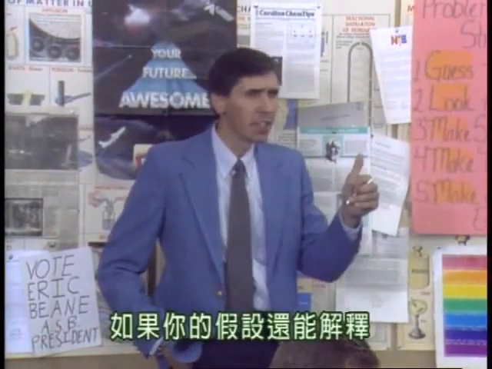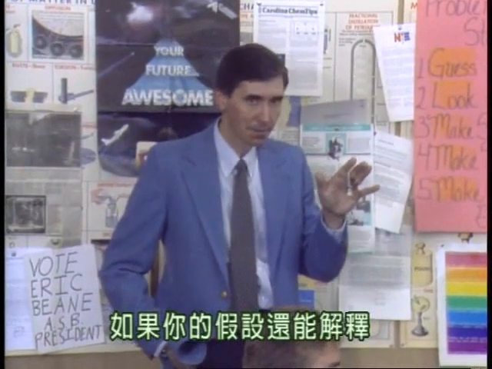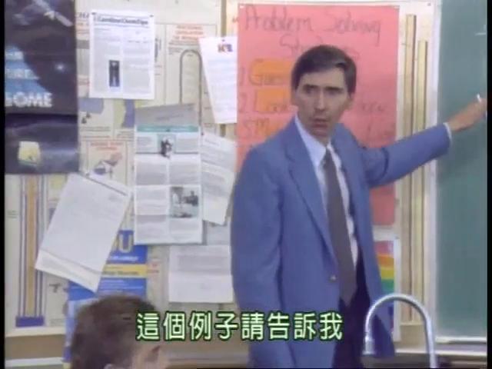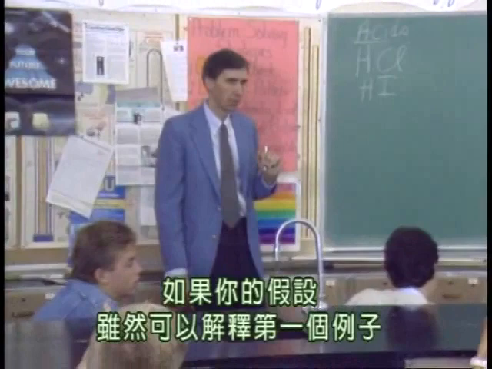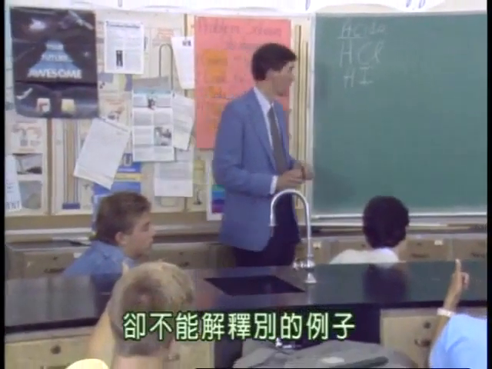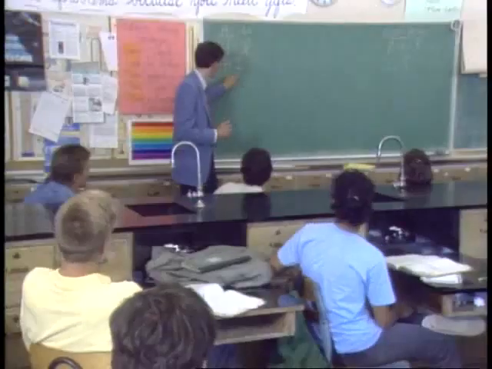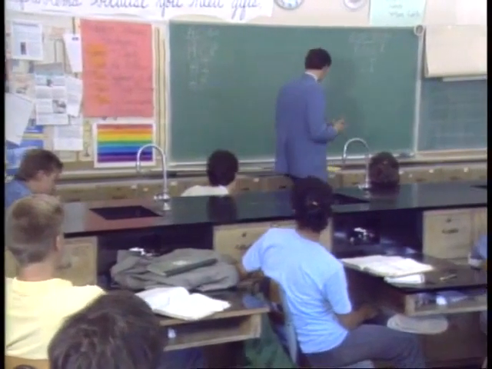Now, continue to give me an indication if your hypothesis is still working. Reformulate a hypothesis if you need to. If you find what you thought was a good hypothesis isn't working, put together some other hypothesis. Try it out. Another example of an acid. Non-acid.